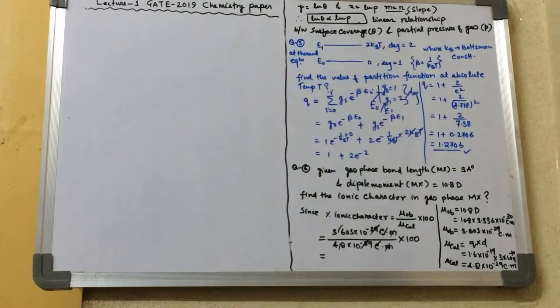Question number 7 is saying the entropy change for melting of X mole of ice at 273 Kelvin and 1 atmospheric pressure is 28.80 calorie per Kelvin.